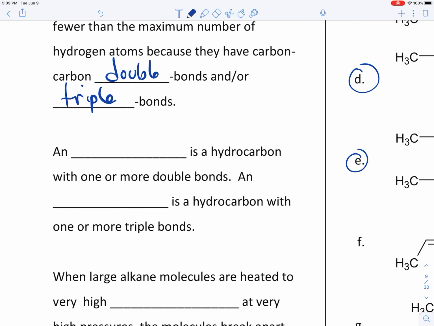A hydrocarbon with one or more double bonds is an alkene. Remember that the name of these molecules will end in ene, E-N-E, where an alkyne will have one or more triple bonds in its molecular structure, and their names will end in Y-N-E, so they'll end in yne.